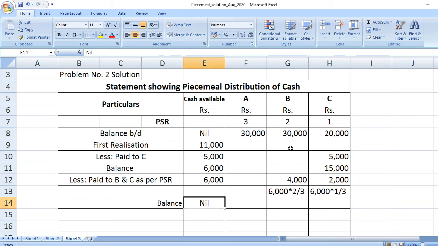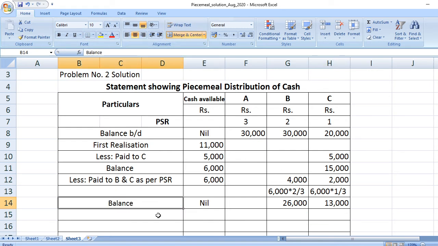Now from this 30,000, 4,000 paid, the rest of the amount remaining is 30,000 minus 4,000, that is 26,000, and 15,000 minus 2,000, that is 13,000. So these things you have to keep in mind.